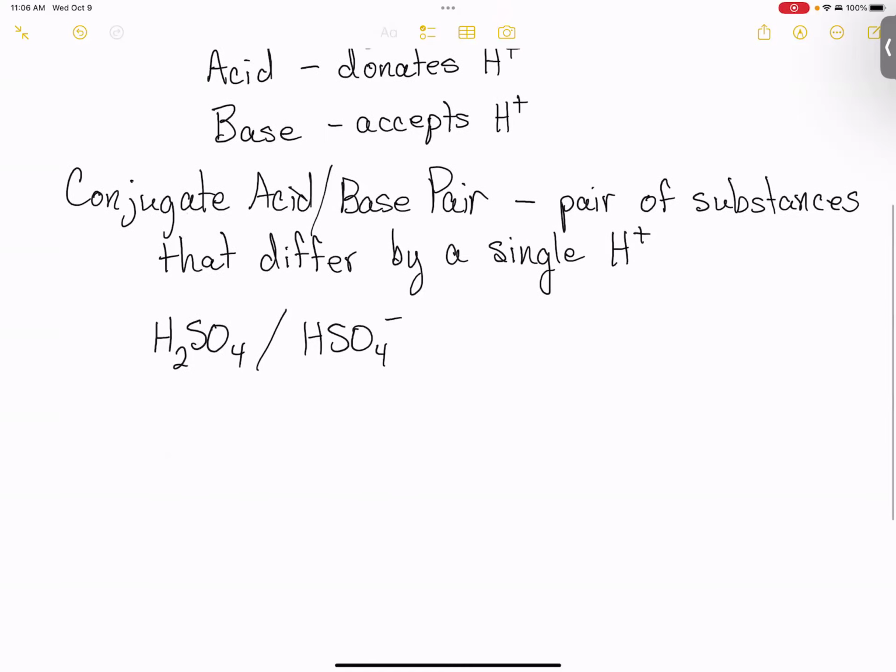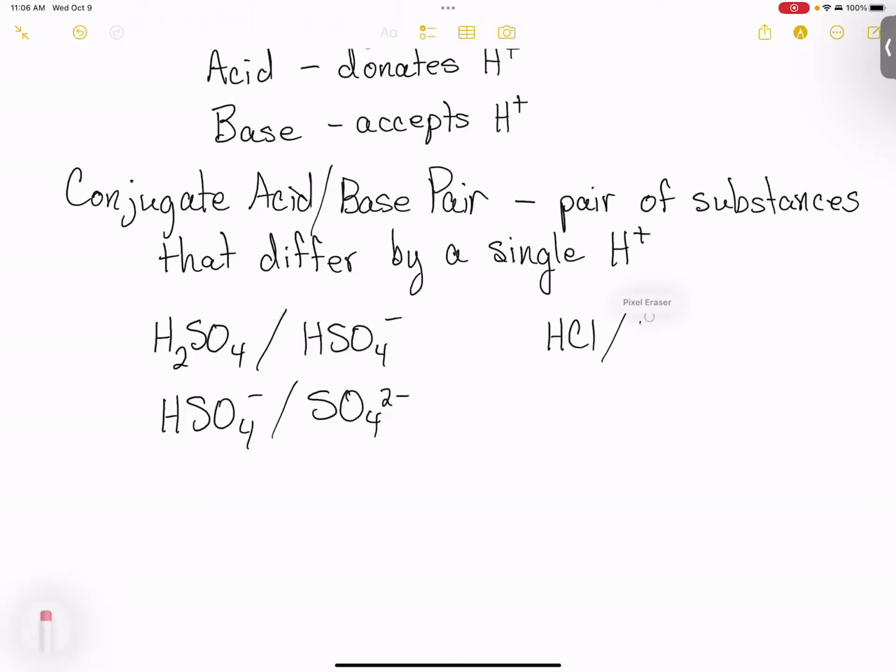Yesterday in lab, you worked with a conjugate acid-base pair when you dealt with hydrogen sulfate and sulfate. Those are a conjugate acid-base pair because they differ by a single hydrogen. Another conjugate acid-base pair would be hydrochloric acid and chloride.